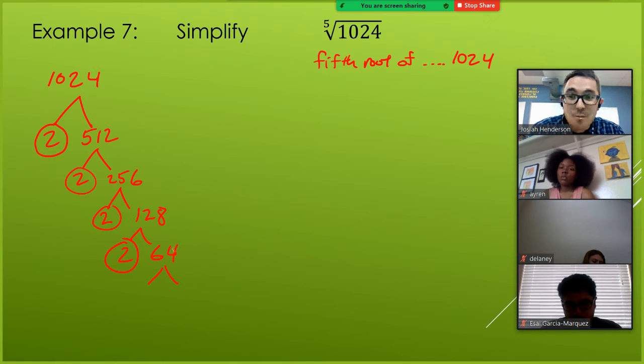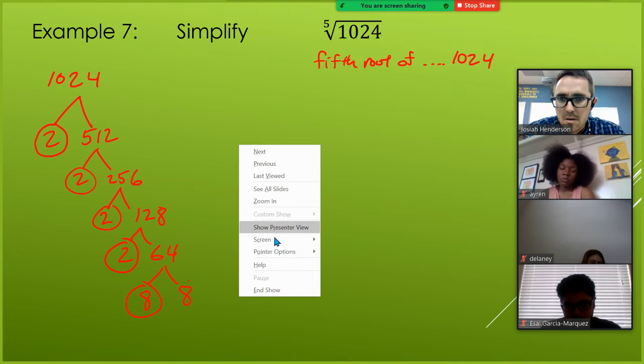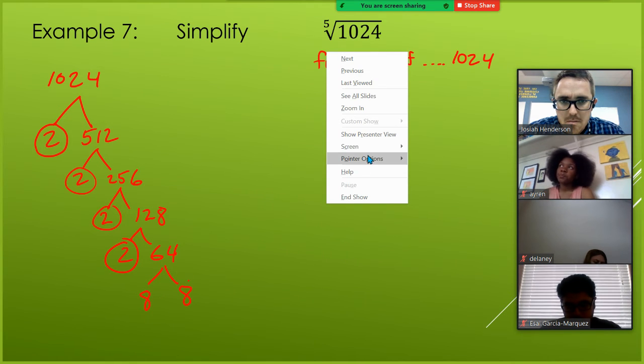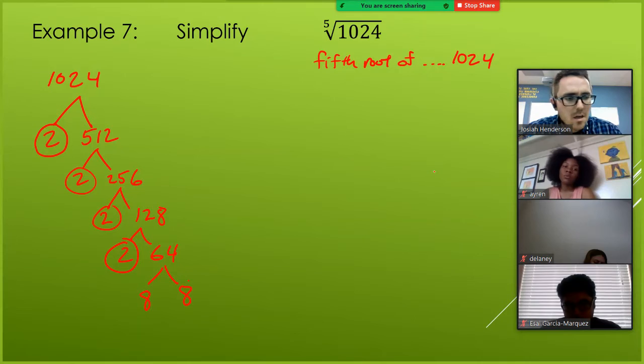I recognize 64. That's 8 times 8. Oops. I don't like what I just did. I recognize that 64 is 8 times 8, so I'm going to do that instead of 2. It kind of will make it go a little faster.